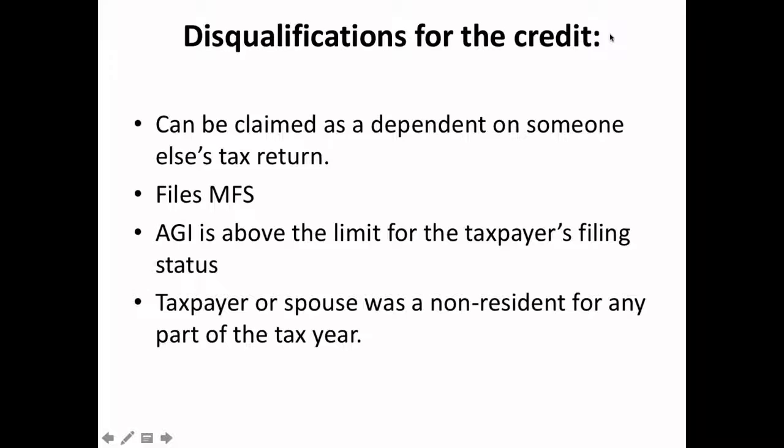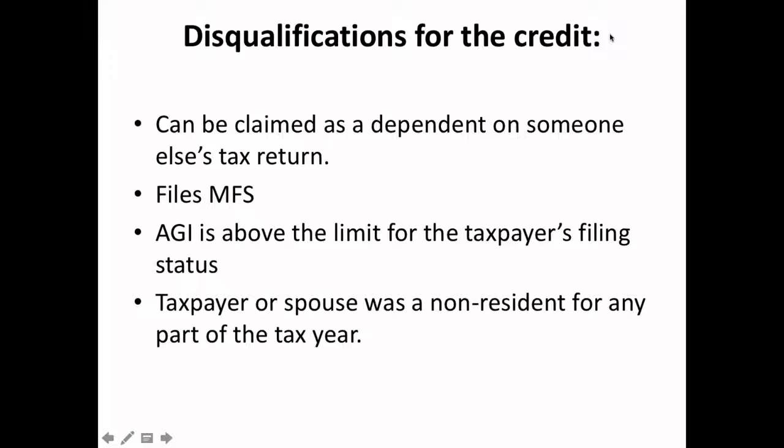Point number 4, taxpayer or spouse was a non-resident for any part of the year. So what does that mean? You have to have a Social Security number. If I didn't have a valid Social Security number, we can't claim the credit. If my daughter doesn't have one, we can't claim the credit. If my spouse doesn't have one, we can't claim the credit.